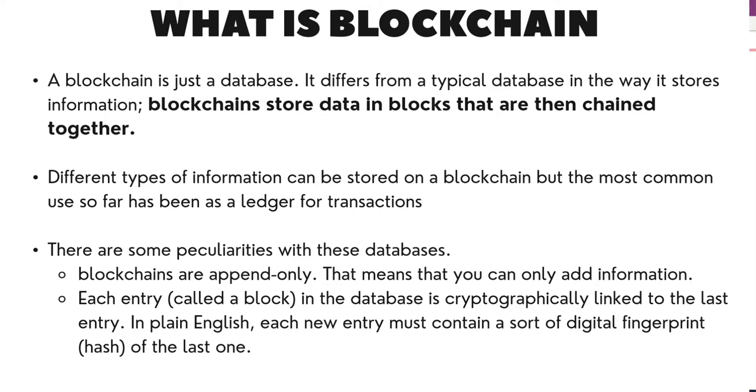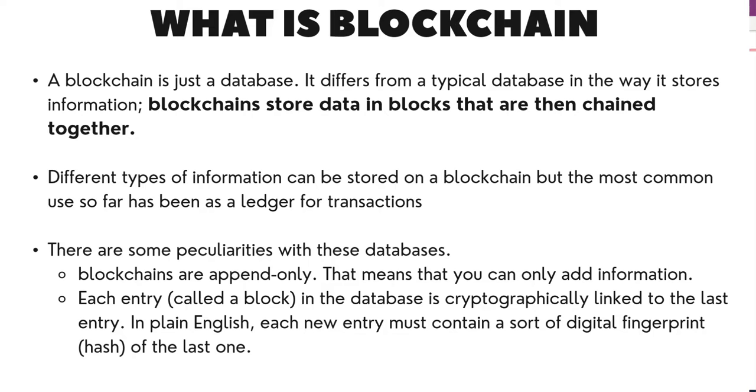So remember that a blockchain, very simply, is just a database where the information is stored in blocks. Now, different types of information can be stored on a blockchain, but the most common use so far has been using blockchain as a digital ledger for transactions.